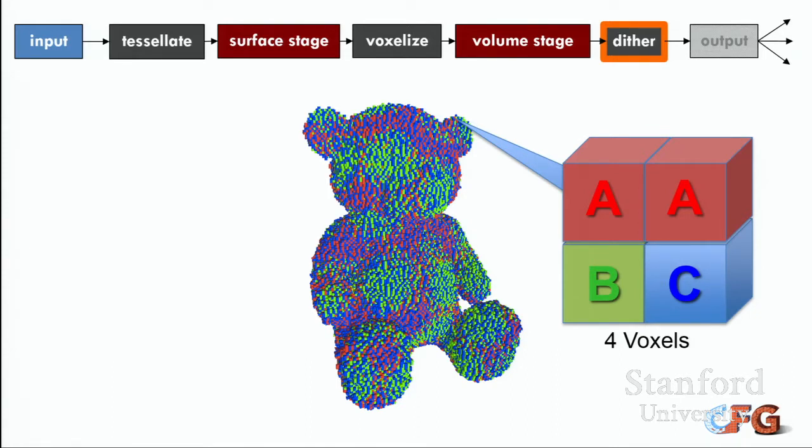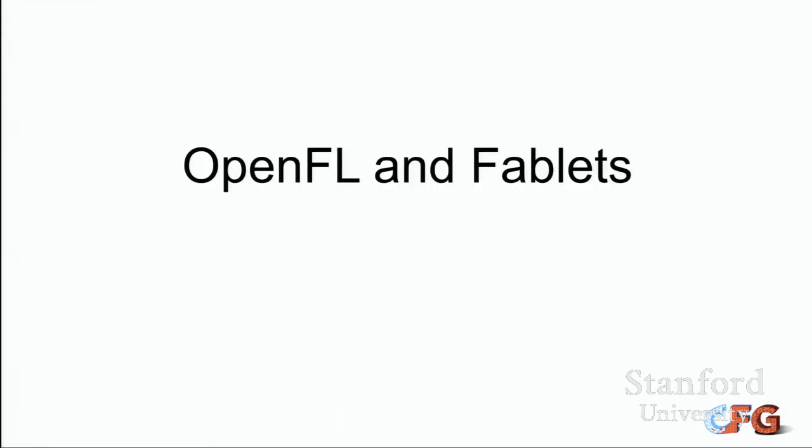They can typically only do one material in a given small volume element. So that's why we also have a dithering stage that takes this continuous distribution and applies something like Floyd-Steinberg error diffusion to actually compute the discrete assignment. And finally, we have the output.